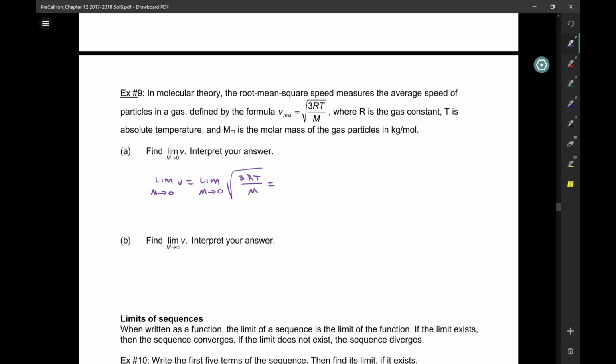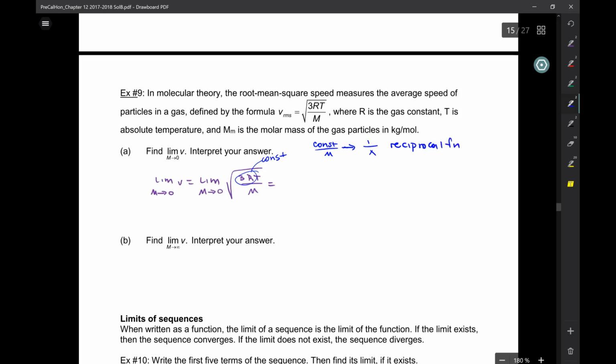Is it a reciprocal? R is a constant, 3 is a constant. T is pretty much going to be a constant because you're doing it at a constant temperature, right? So all these are constants. So pretty much what you have is a constant over a variable, which is like 1 over x. It's a reciprocal function.